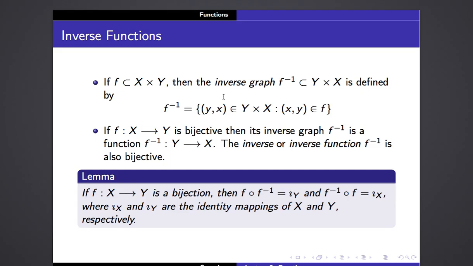However, if f is a bijective function, then its inverse graph is also a function, in this case from y to x. We call this function the inverse, or inverse function, and it is also bijective in that case.